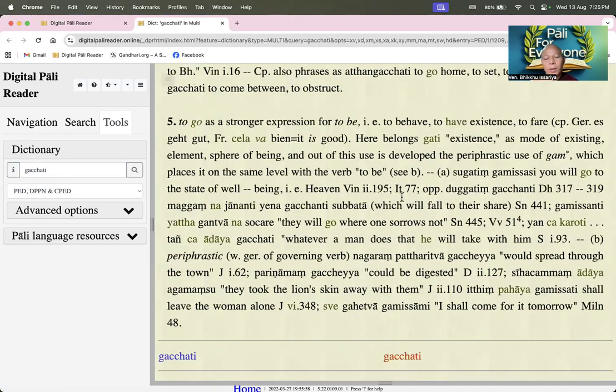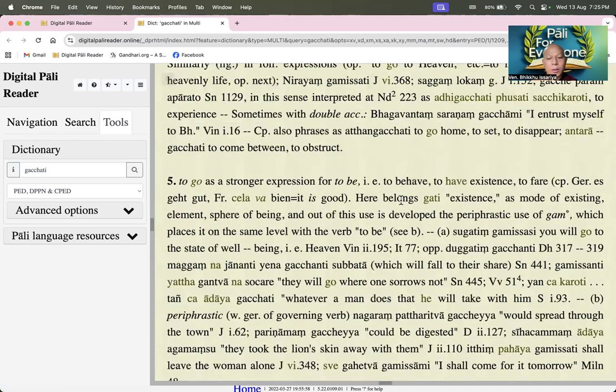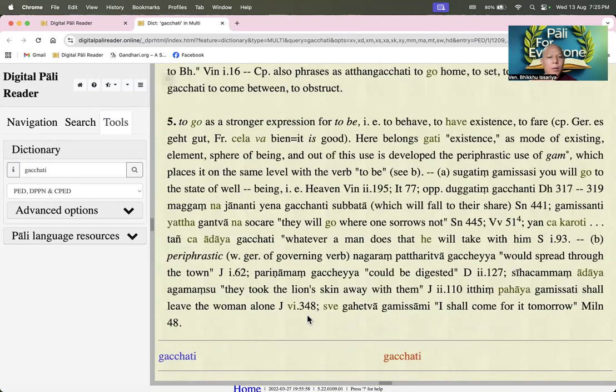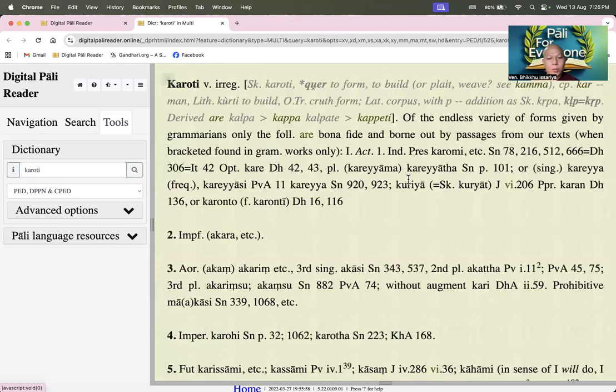But here they are not provided, though for some roots especially, for example, maybe karoti.